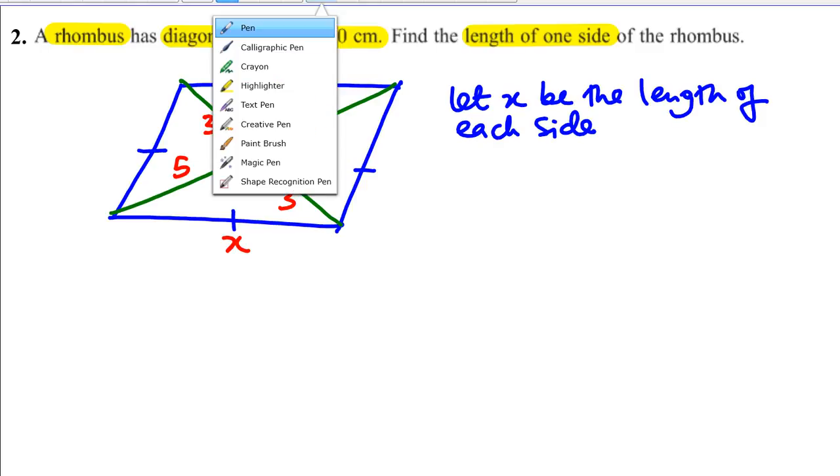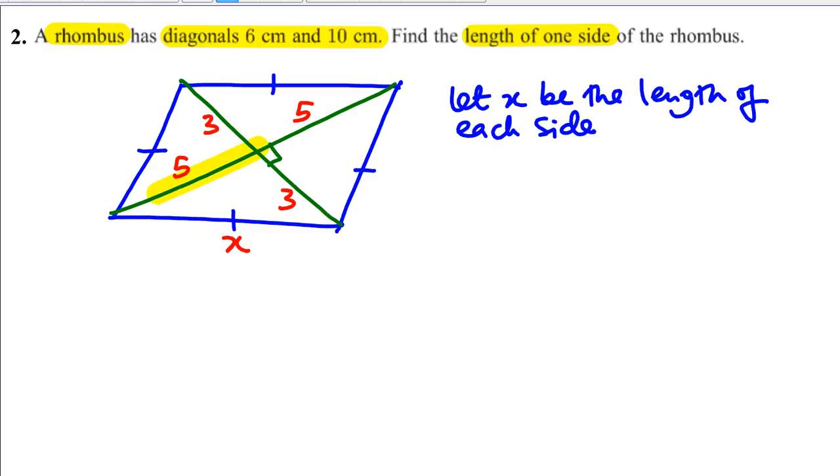And if I just focus on this triangle here, such that this angle is 90 degrees, I can use the Pythagorean relationship to find what x is.